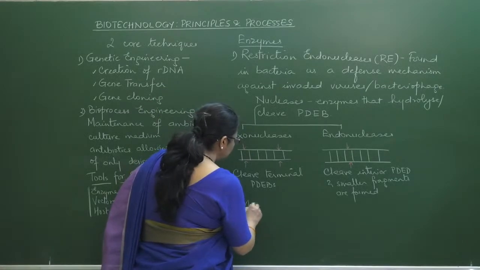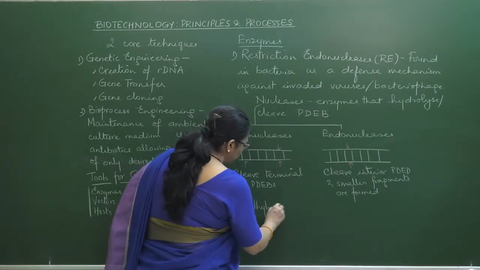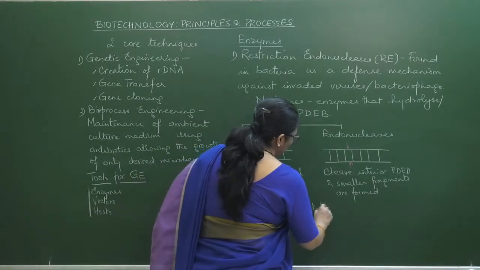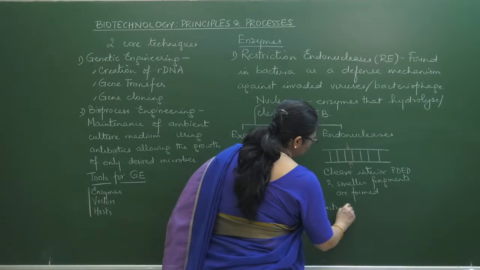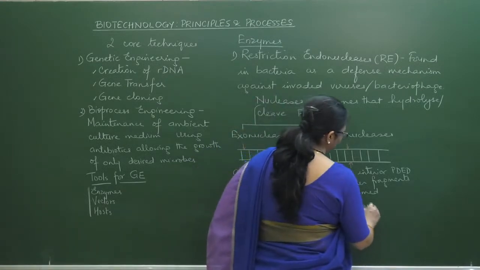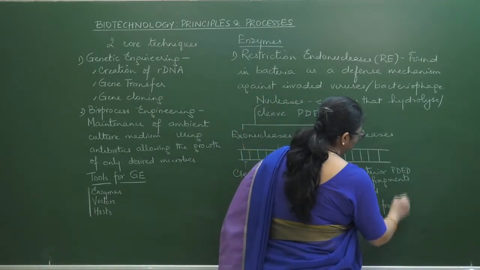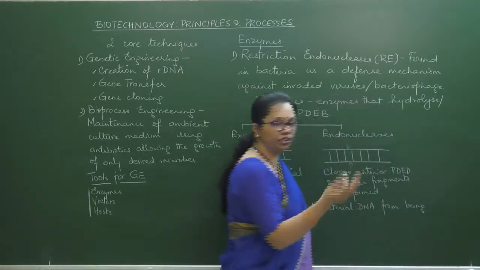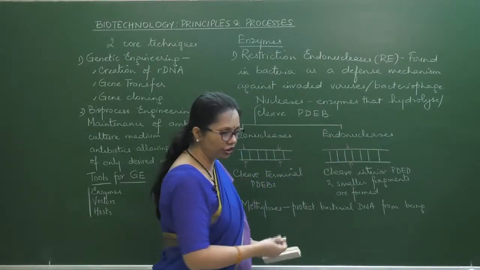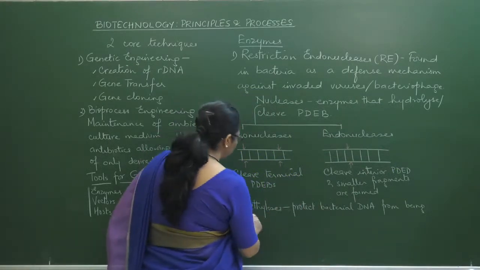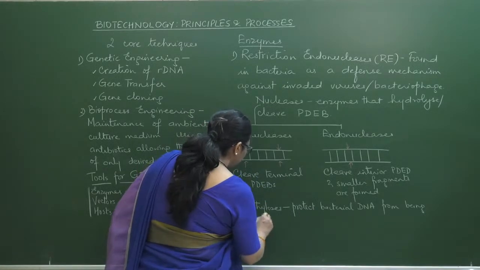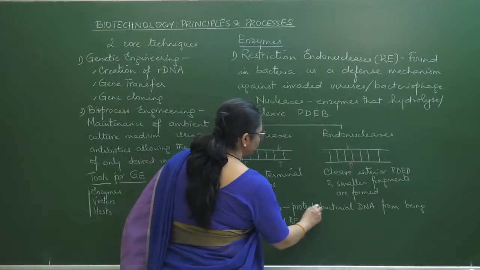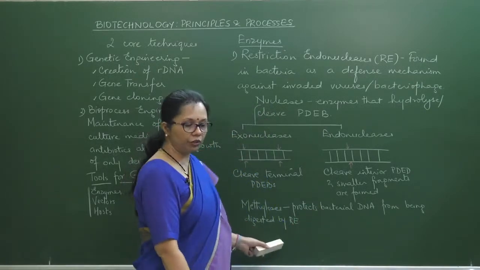Okay, so methylases protect bacterial DNA from being digested. It's anyway called restriction digestion, because all hydrolytic enzymes are carrying out digestion. So methylases protect bacterial DNA from being digested by RE.